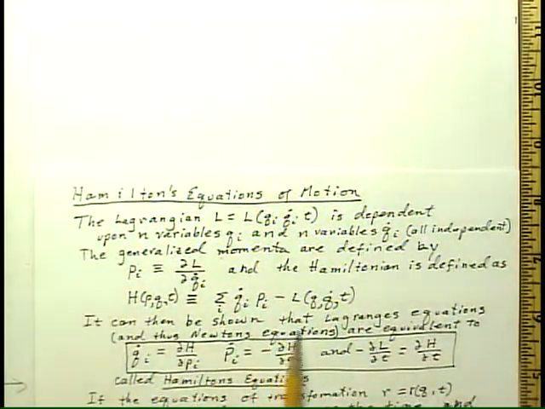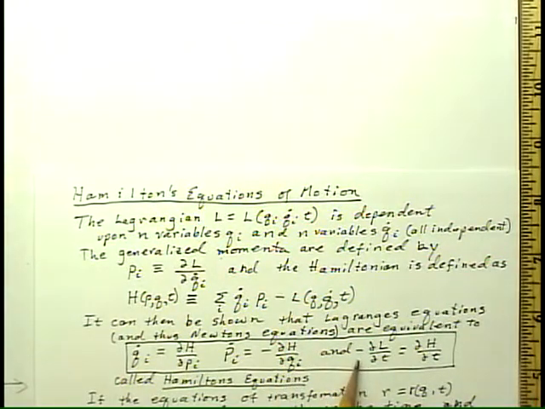It can then be shown that Lagrange's equations, and therefore Newton's equations, are totally equivalent to the following set of equations. The qi dots, in other words, the derivatives of the generalized positions, are the partial of the Hamiltonian with respect to the pi's. And the pi dots are the derivatives, with a negative sign, of the partial of H with respect to qi.